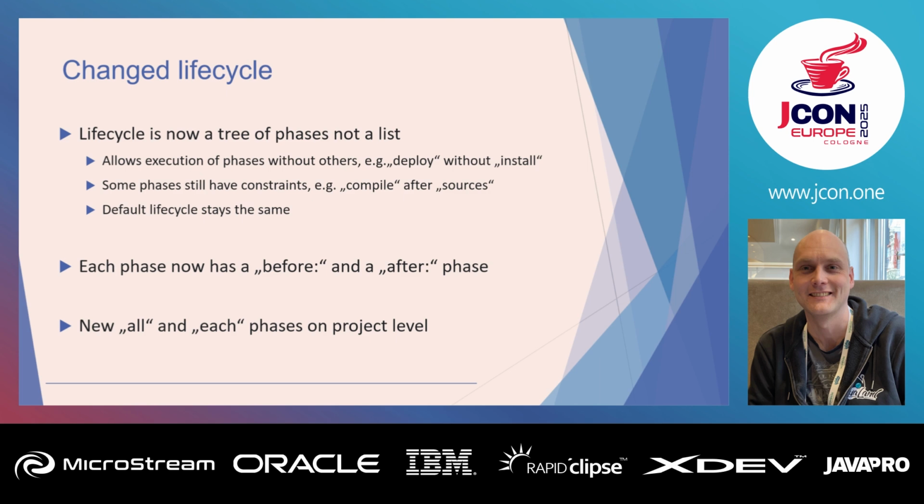Maybe a note on this: the naming we're choosing and the way things work is literally the same as you know them from test frameworks like JUnit. So you know the concept of before each or after all there. It's literally the same here.